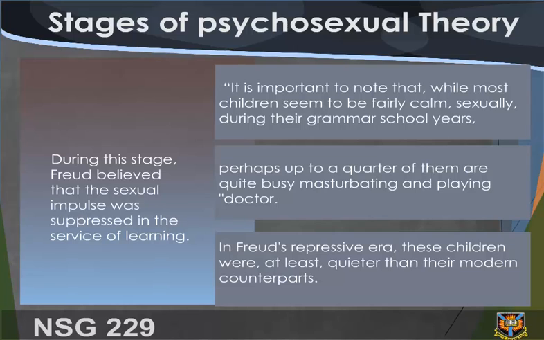It is important to note that while most children seem to be fairly calm sexually during their grammar school years, perhaps up to a quarter of them are quite busy masturbating and playing doctor. In Freud's repressive era, these children were at least quieter than their modern counterparts.